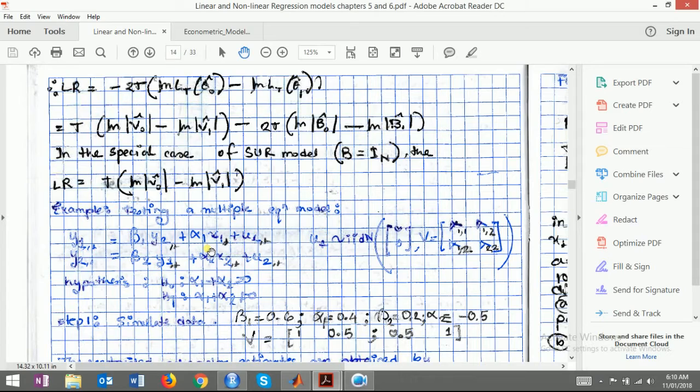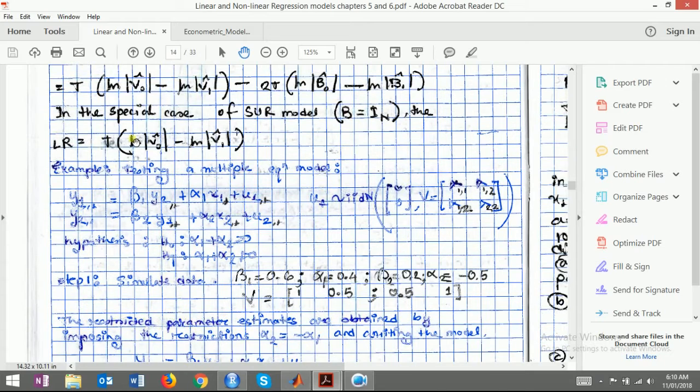In the special case of SUR, seemingly unrelated regression models, b is the identity matrix, then we are only left with the first element, because we don't have dependent variables to be in the function of dependent variables.